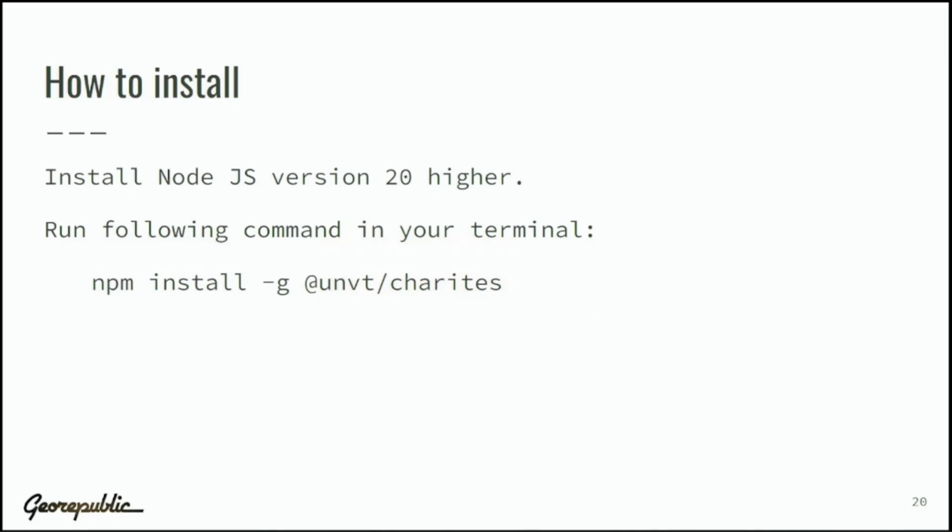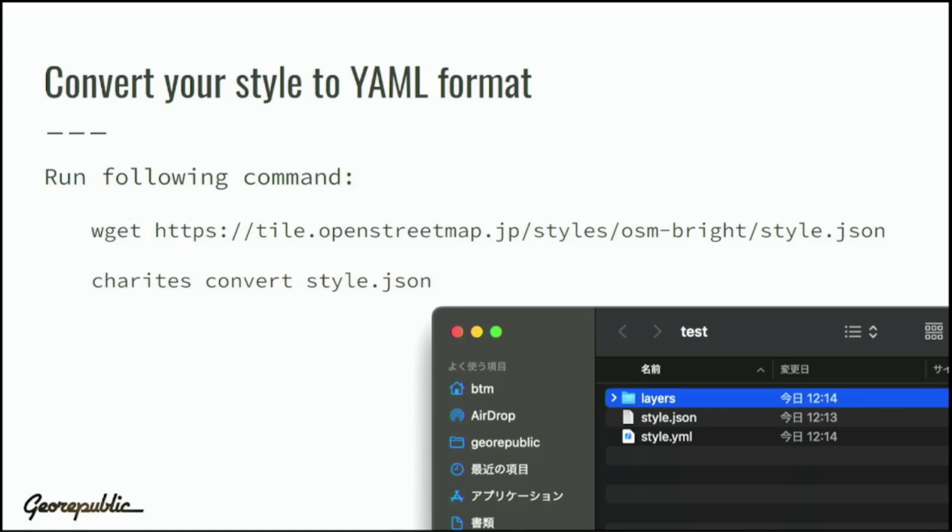How to install? Install Node.js version 20 or higher, and run the following command in your terminal: npm install --global @unvt/charites. It is easy to install this tool. Then convert your style to YAML format with the following command: download some style JSON and run charites convert on the style JSON.